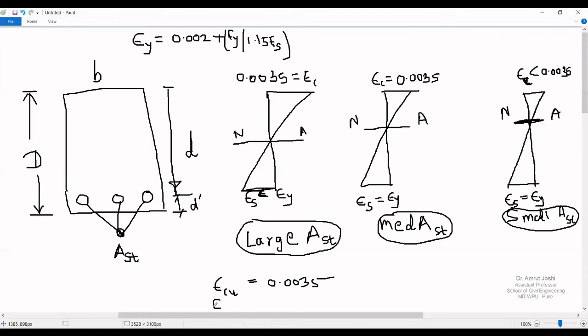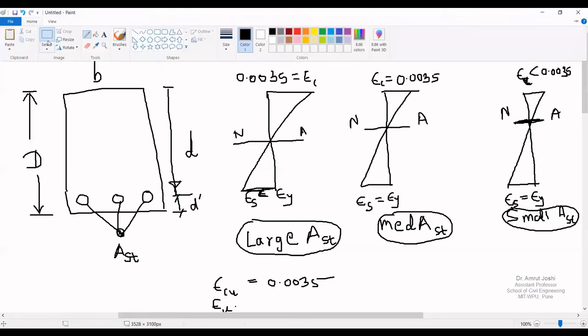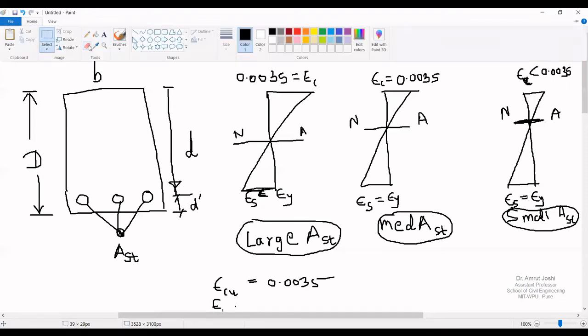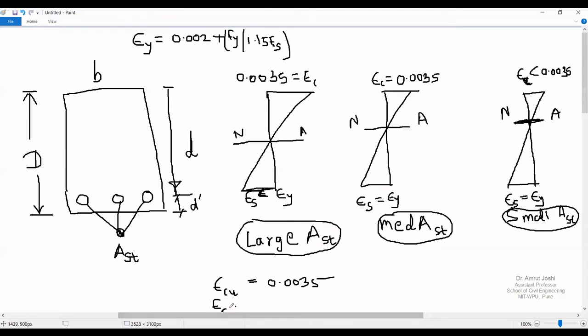And the ultimate strain of steel, I will call that epsilon Su, that value is 0.14 to 0.23. So we know clearly that steel is the material which takes more strain, steel is more ductile than concrete.